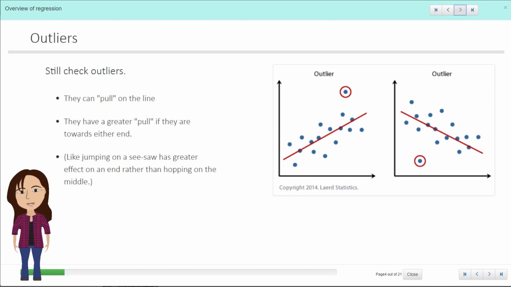We still want to check on the outliers because they can have a pull on the line, in a very similar way that they can have a pull on the mean. Again, it's like a seesaw: if you jump on the middle of a seesaw you have much less effect than if you jump on the end of a seesaw. And I found a beautiful illustration of this.